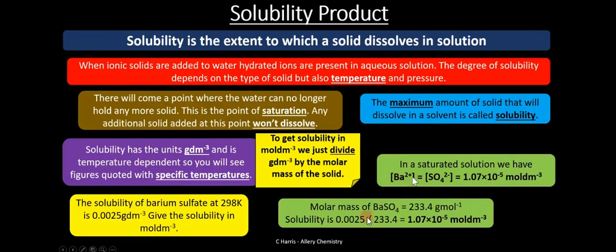This is because for every mole of the solid that we dissolve, in the case of barium sulfate, we produce 1 mole of barium 2+ ions, and we also produce 1 mole of sulfate ions. The concentration in our solution is going to be equal to the solubility at saturation here, which is 1.07 times 10 to the power -5. So you need to understand what's happening here.